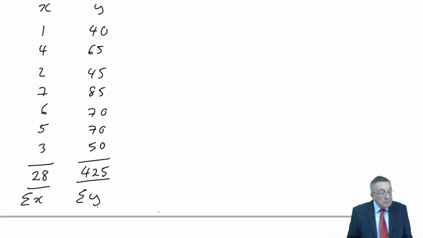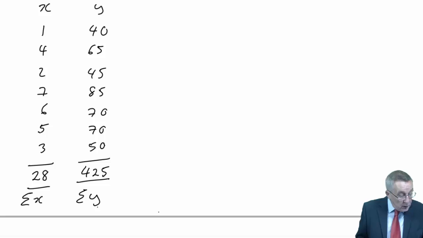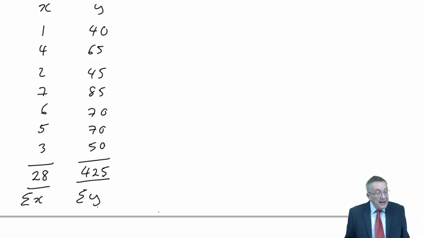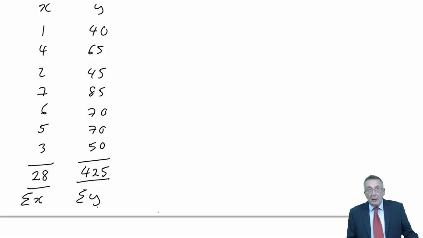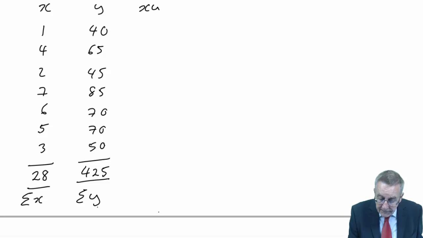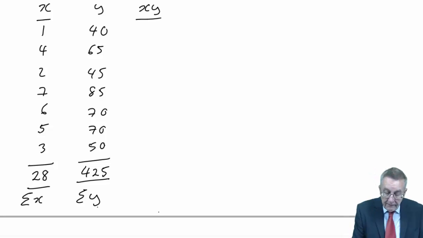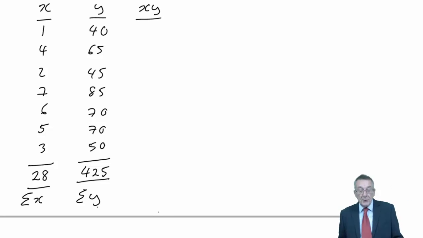What else have we got? If you look in the formula for B, there's a sigma xy. Well, it's the sum of whatever comes after it. It's the sum of all the x times the y's. And so for each set of observations, let's work out x times y.